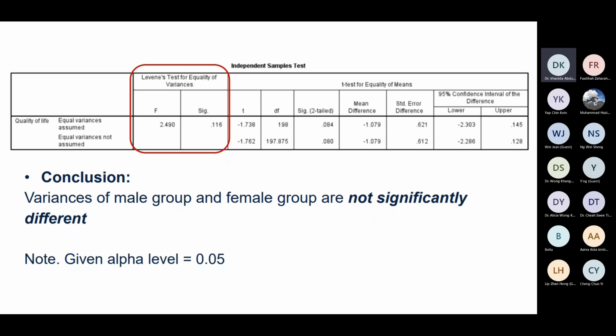It means the quality of life between male and female is not significantly different. Why? Because the sig level here is more than 0.05, so the variances between male and female are not significantly different. No difference, it's the same.